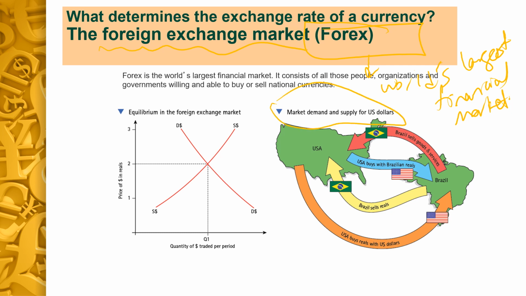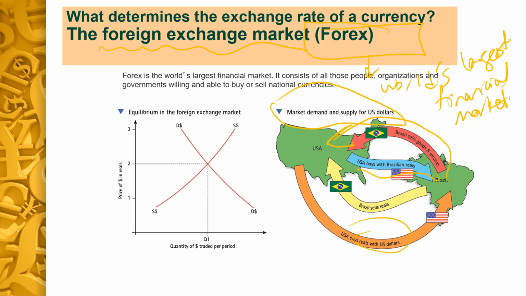So let's have a look at the market demand and supply for US dollars. Brazil sells goods and services to the USA. The USA will have to buy these products in the real. So what happens is the USA would buy the real with their US dollars.